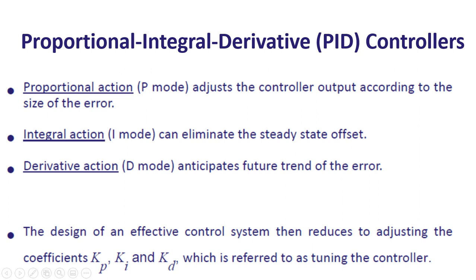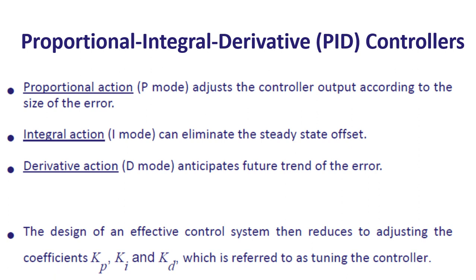For a step input. Similarly, derivative action, which is known as D mode, actually anticipates the future trend of the error. Okay. Now, to design an effective control system, you adjust the coefficients Kp, Ki, Kd, which is referred to as tuning of the control. So, the main idea is what is controller design or PID tuning?